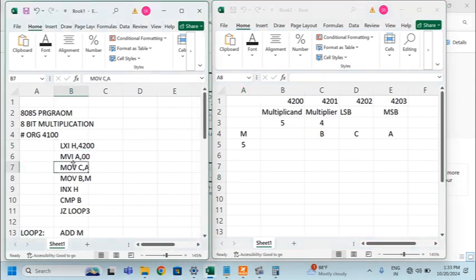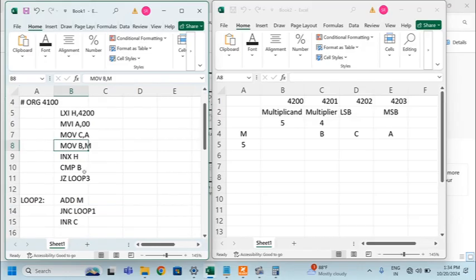Then we are initializing the accumulator to 0, and the same 0 is copied to the C register, which is used for carry. Now we are moving the first number to the B register. So the B register has the first number initially, and then we are incrementing the memory pointer to 4201.